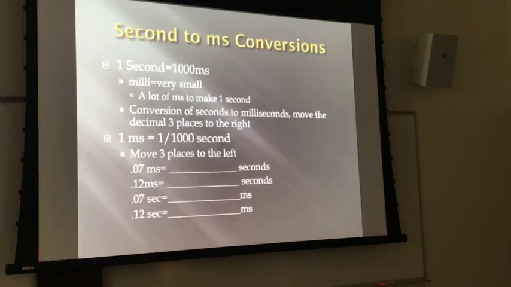On the quiz, sometimes people have a tendency to move this in the opposite direction. You've got 0.07 milliseconds, so they'll say, well, that's 70 seconds, okay? Remember, milliseconds are tiny. They're 1/1000. So if you're converting from milliseconds to seconds, the number is going to have to represent something very, very small.